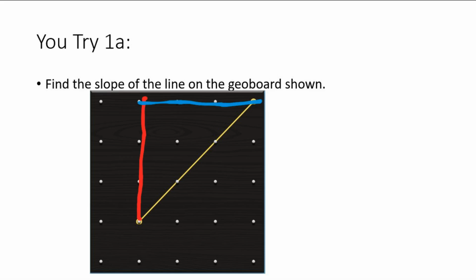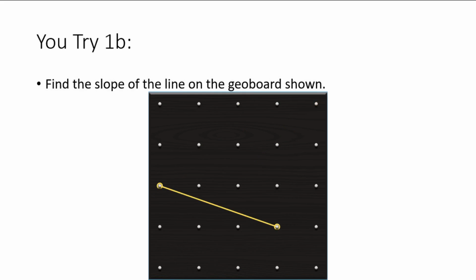So once again, oh, I tricked you. I gave you a similar one to me. So this one looks like it's 3 over 3, which means we have a slope of 1, which if you think about it, 1 is actually a pretty steep slope. I mean, that's pretty steep if you had to walk up that on some hiking trail.